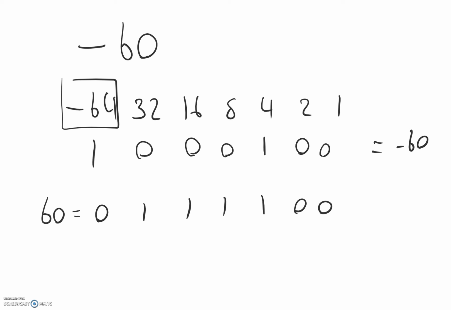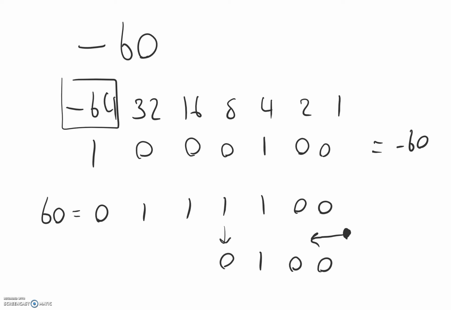Now 2's complement states that starting from the right hand side, up to and including the first one, leave the bits as they are. So up to and including the first one, I'm going to leave as is. After that, the numbers will complement each other. 1 becomes 0 and 0 becomes 1.